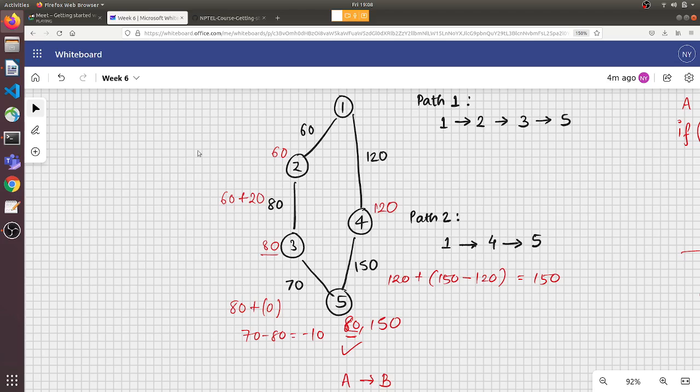Because the cost cannot go more than the maximum edge. I think it's right. Yeah, that is right.